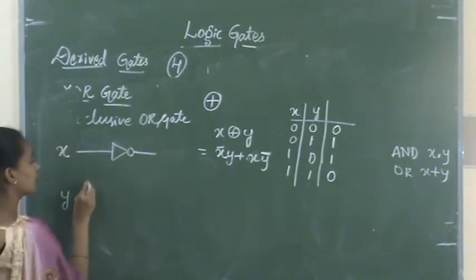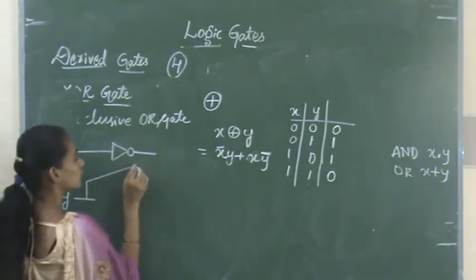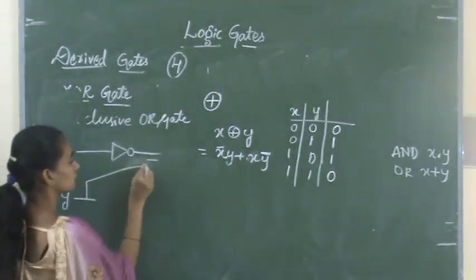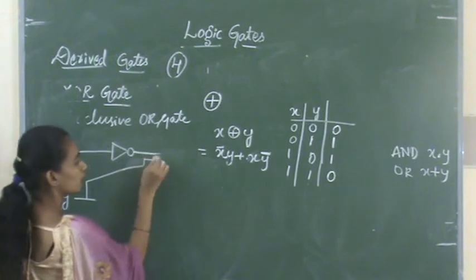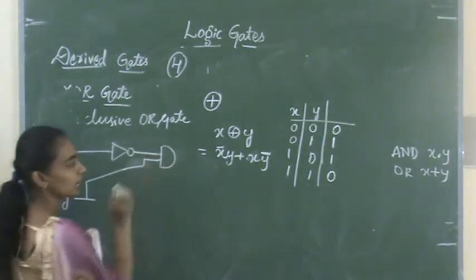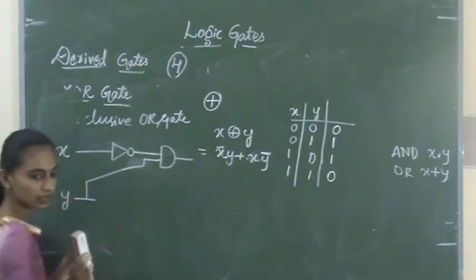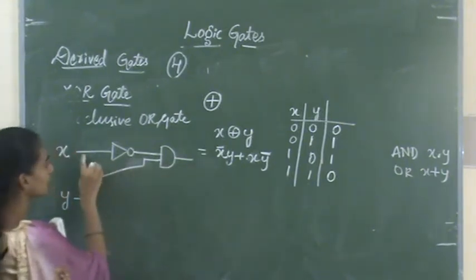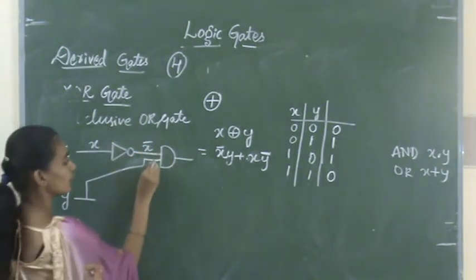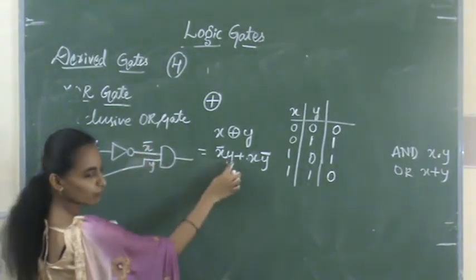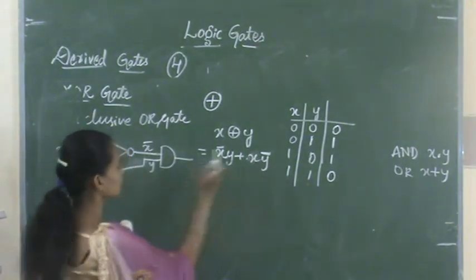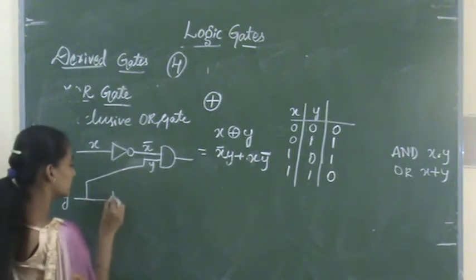So I am taking x and y as input and performing the AND operation. This is x, and this is x bar. This is y. So x bar y is the AND operation, and then we have to go for x and y bar.